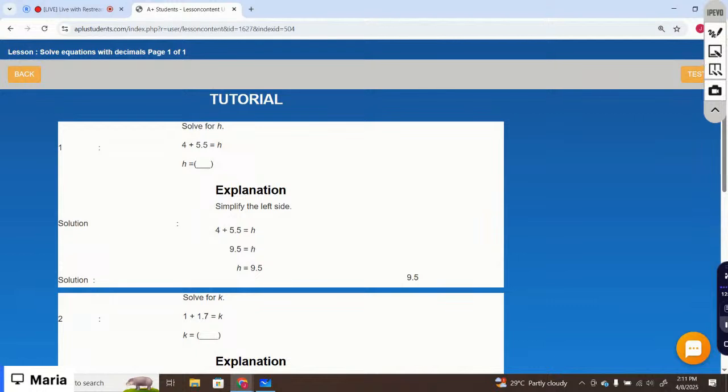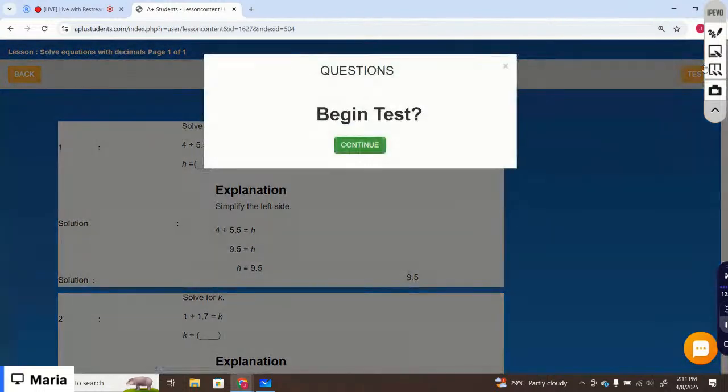So you have to solve. The variable is also already isolated. Isolated means the variable is on one side and the rest of the things are on the other side. You just have to perform the operation, you need to add 4 plus 5.5, that is 9.5. h equals 9.5. Let's just start with the test questions.